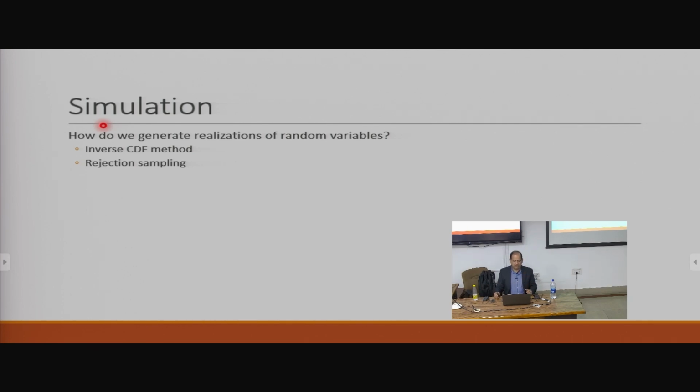Other methods could be rejection sampling. So rejection sampling is, let's say you have a really multimodal PDF, okay? So oftentimes we generate realizations on the support, and then we generate another uniform distribution, if I remember correctly, and then we reject anything that's above the PDF, right?